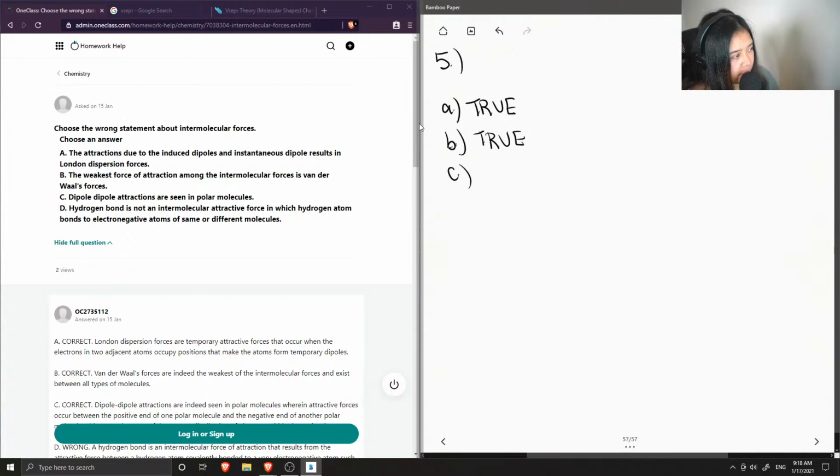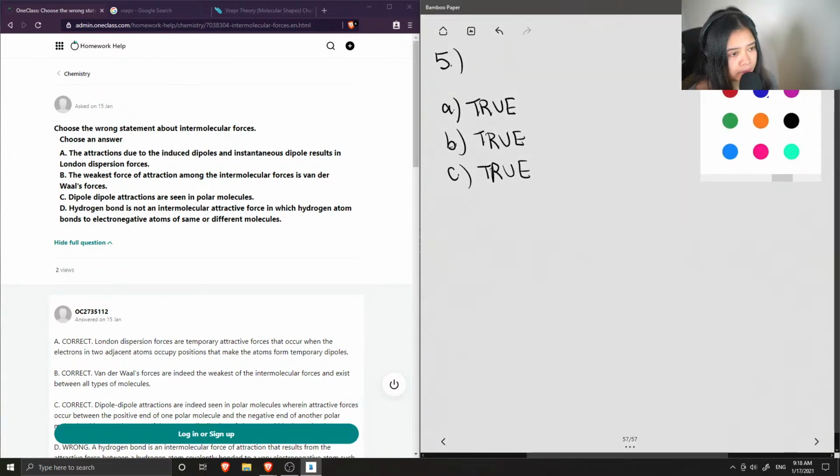C. Dipole-dipole attractions are seen in polar molecules. So this is true. So let's have an example of dipole-dipole attractions. Let's say we had a water molecule. This is the structure of water.